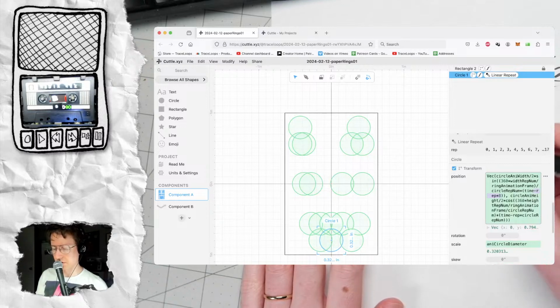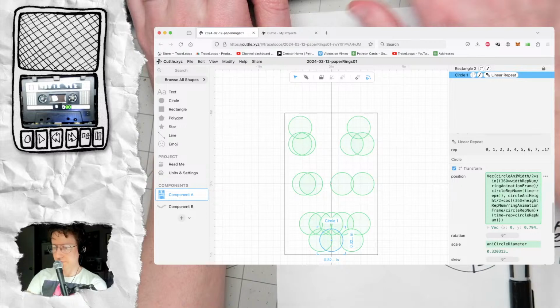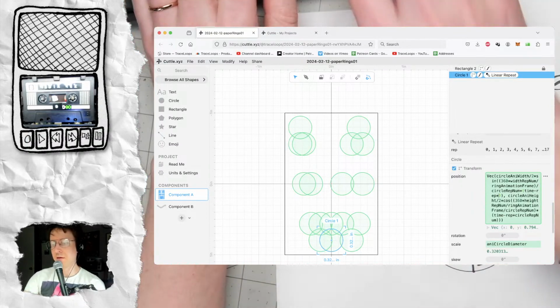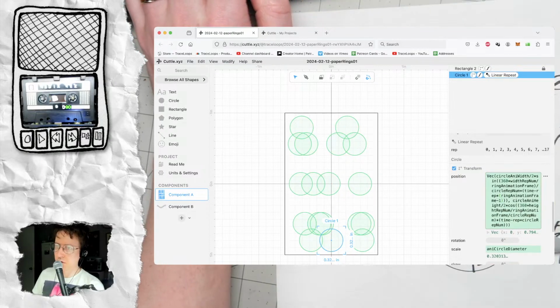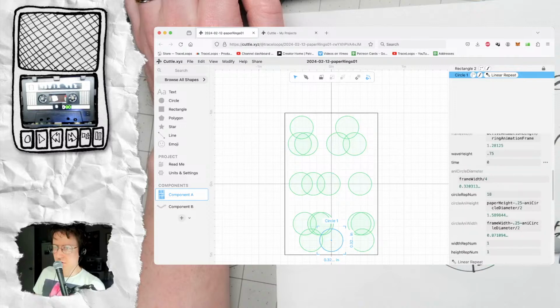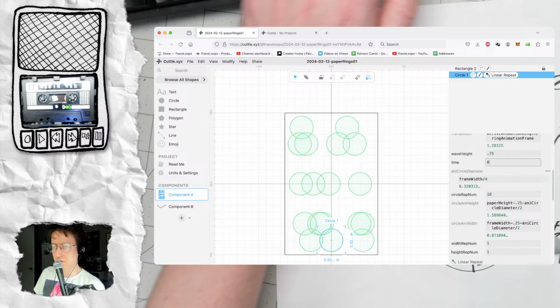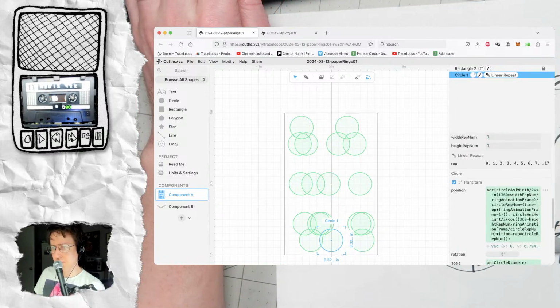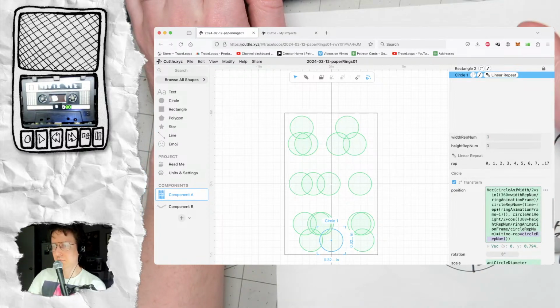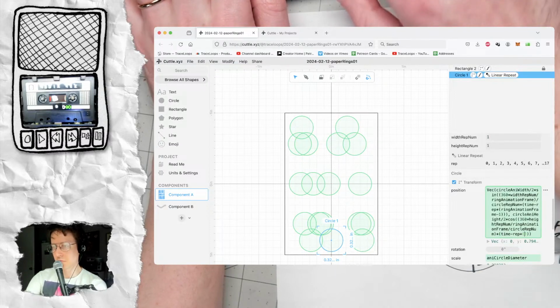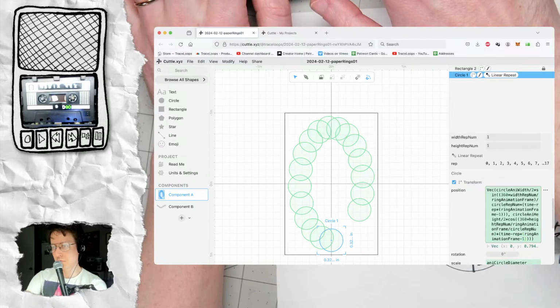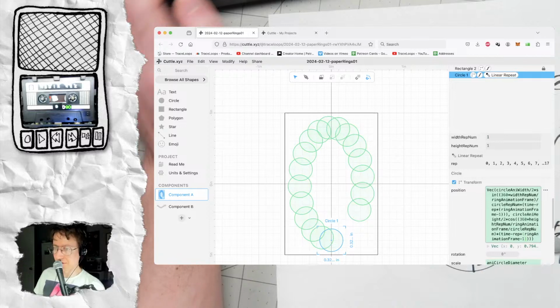So if I have this here, and I want it to move to here, I need to have time minus rep times, now this might be wrong, ring animation frame minus 1. Closer, but I don't know what I'm doing.